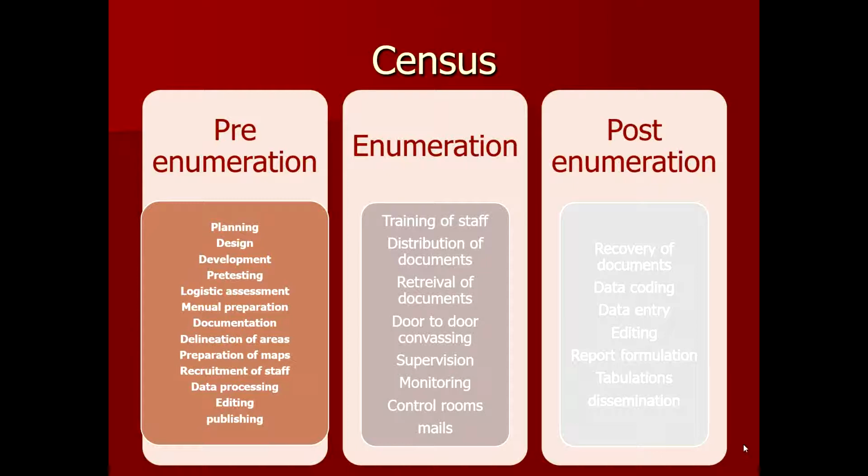The enumeration phase is the actual phase in which people go into the field and count the number of people present in the households. During the enumeration phase, the most important task is again the training of the staff. Although the staff was trained in the pre-enumeration phase, they are now asked to go into the field, and the monitoring teams accompany them.